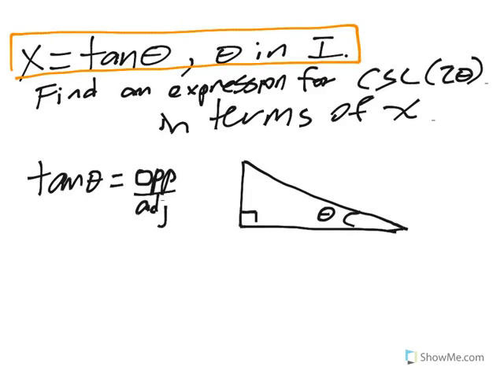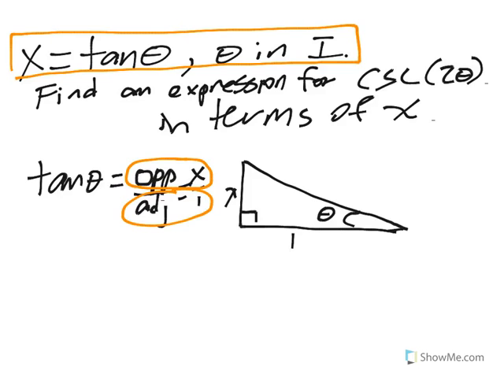And then say, all right, so it's supposed to be x, or x over 1 if I make a ratio out of it so that I have two values. So the opposite I'll call x, and the adjacent I'll call 1. So let me do that. The opposite of theta, that's x, and the adjacent is 1.